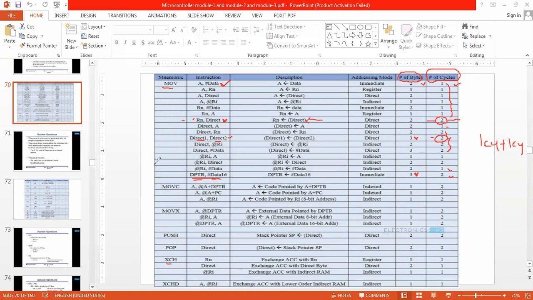So like that, 1 machine cycle means 12 clock cycles, and that is within 11.0592 megahertz, my total clock frequency.